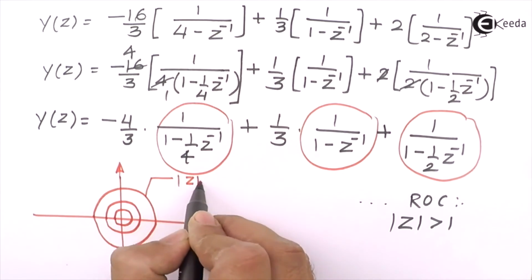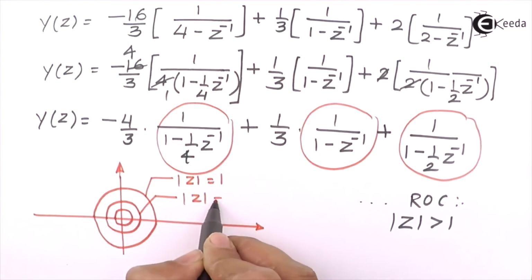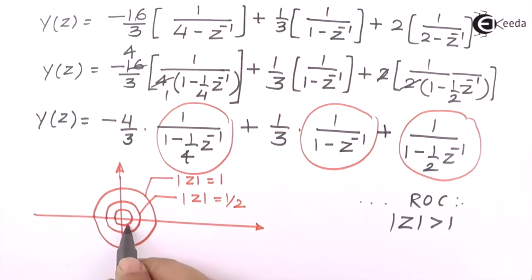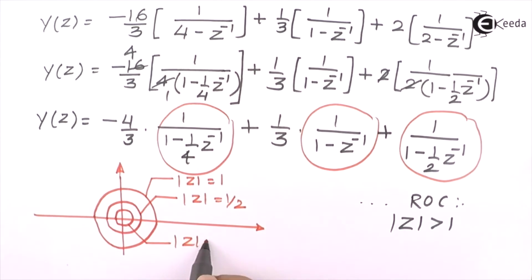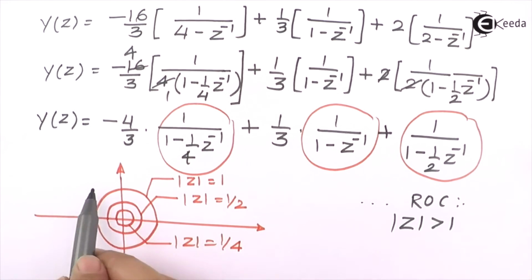So this is mod z equal to 1, mod z equal to 1 by 2, and over here mod z equal to 1 by 4. Our ROC is mod z greater than 1.